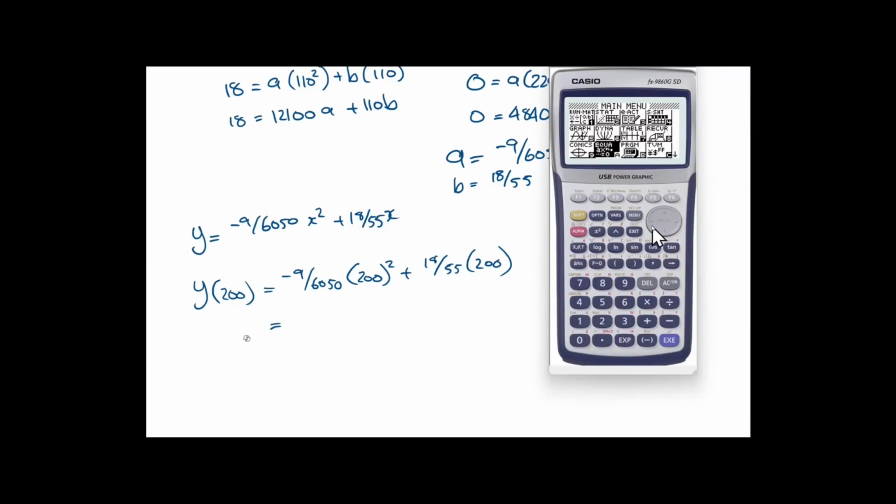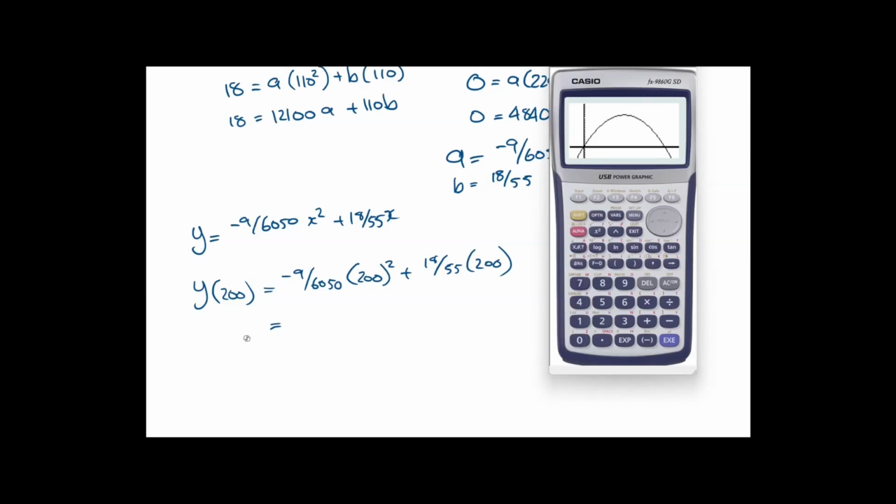Let's go to graph mode. Let's delete the last graph. So minus 9 over 6050 x squared plus 18 over 55 x. Put that in, draw it.